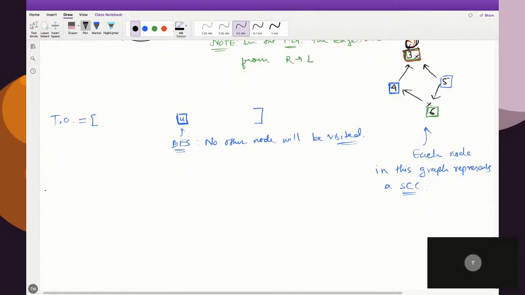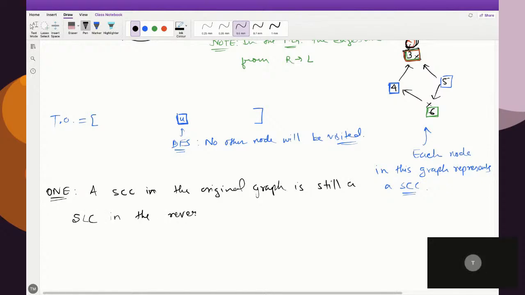So two quick things. One, a strongly connected component in the original graph is still a strongly connected component in the reversed graph, right?